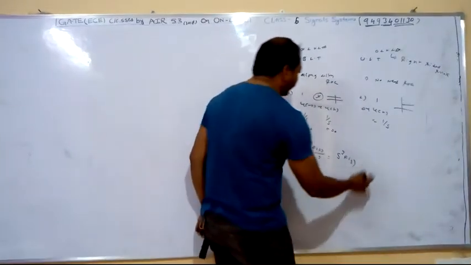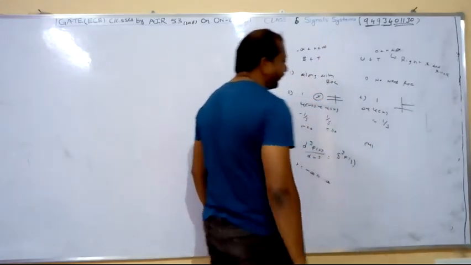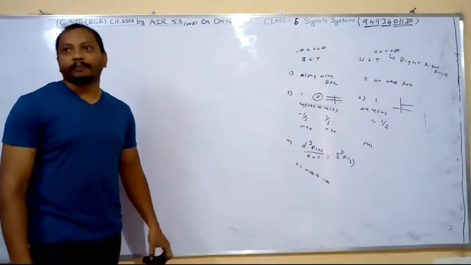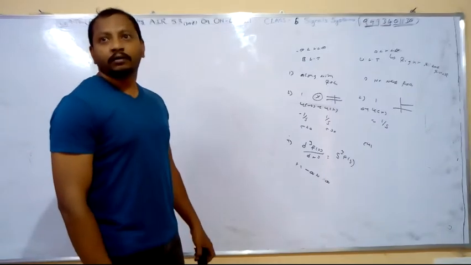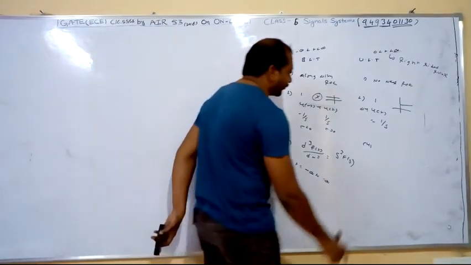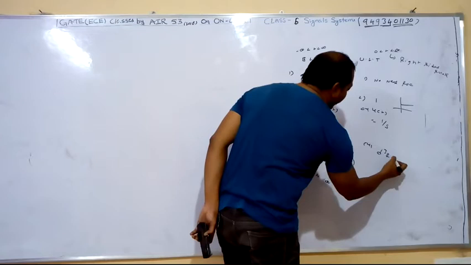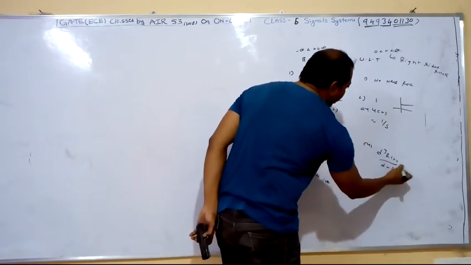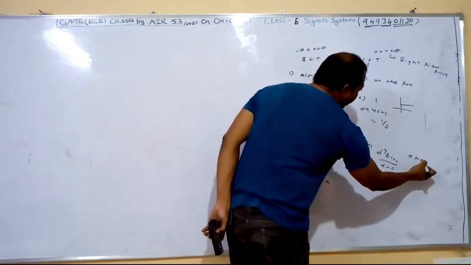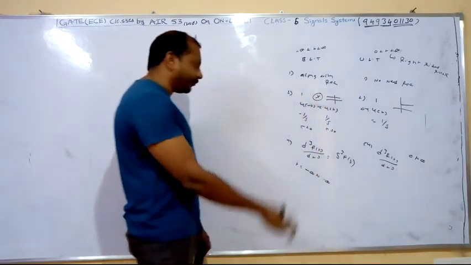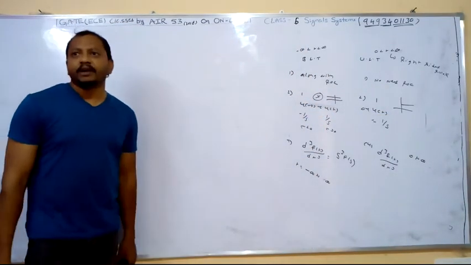Whereas in the unilateral Laplace transform, if we consider d cube f of t divided by dt cube, as it starts from 0 to infinity, there may be something before this 0.